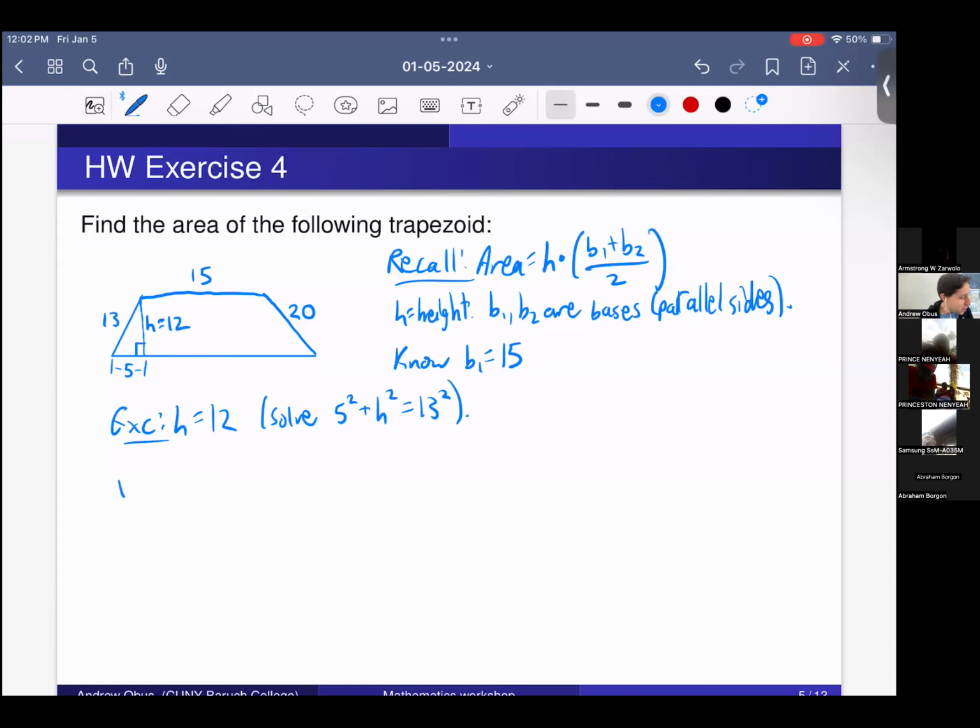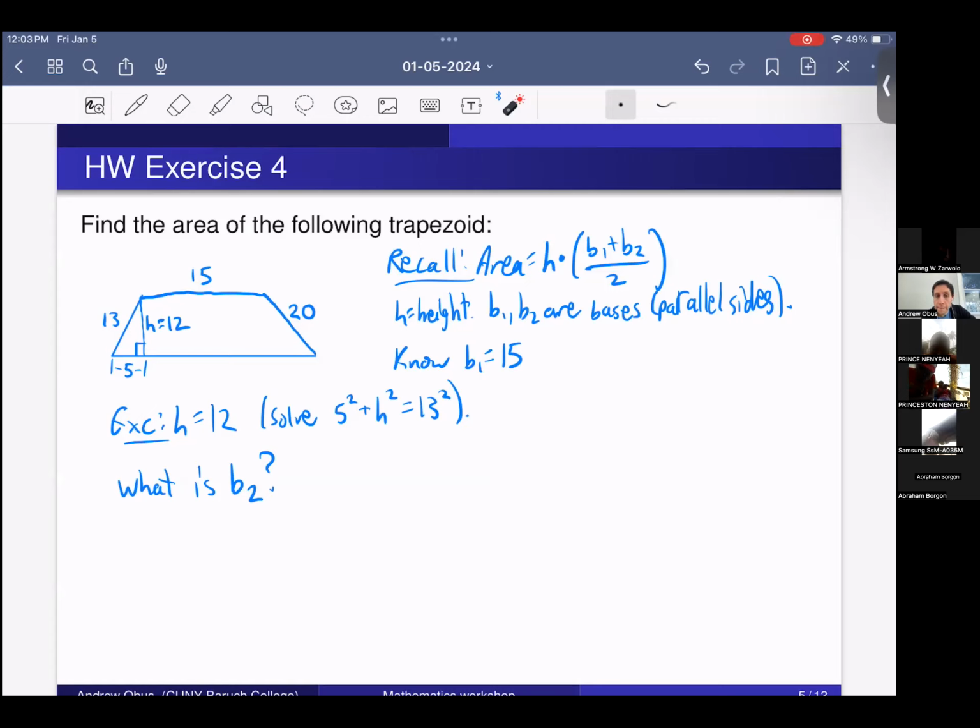So now the real question is, what is B2? We need to find the length of this side at the bottom of the trapezoid. Any ideas on how to do this? Yes, Abraham?